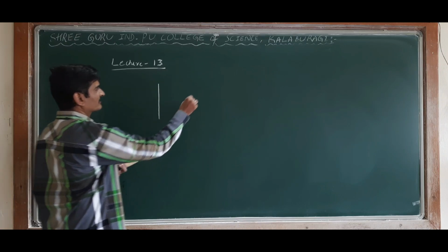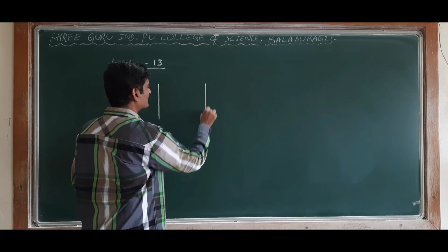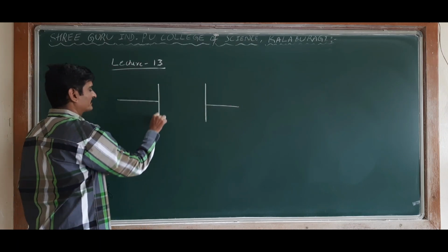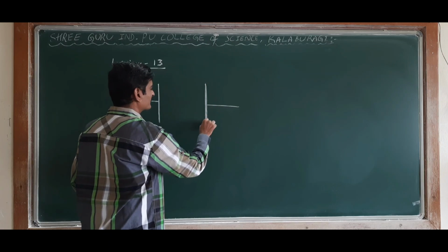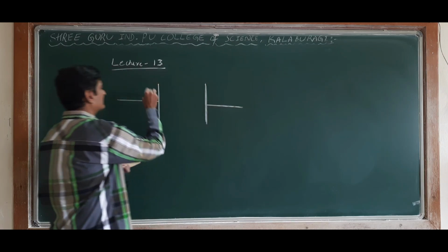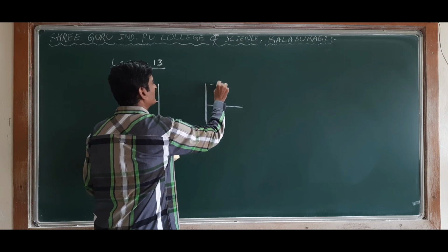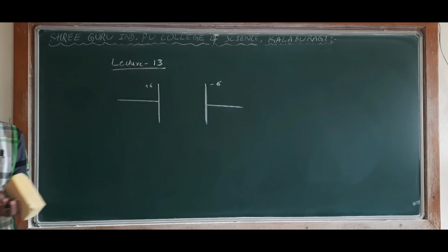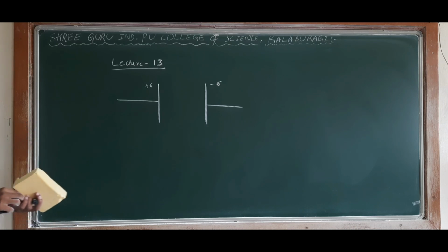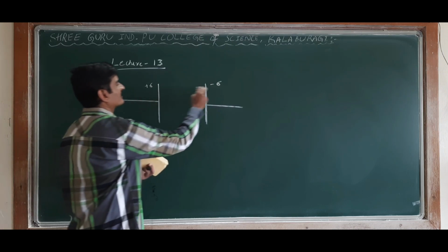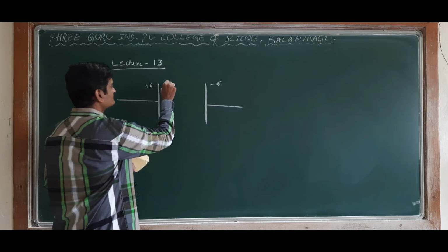In the previous class, we studied that when a dielectric medium is placed in between two charged plates, the electric field decreases. Consider two charged metal plates having surface charge density plus sigma and minus sigma.